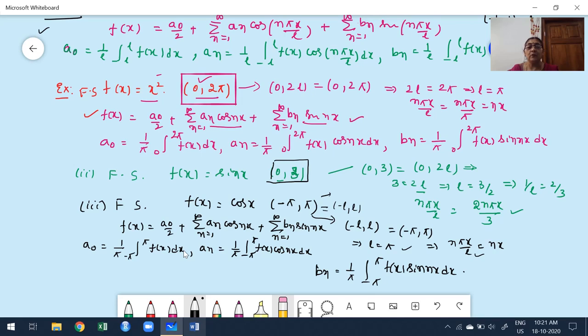And if it is in the form of the second case, you compare with the upper limit of the given interval, find the value of L, and then find n pi x by L, construct the Fourier series, and also write the corresponding formulas for a naught, an and bn. And then you have to continue the rest of the work.